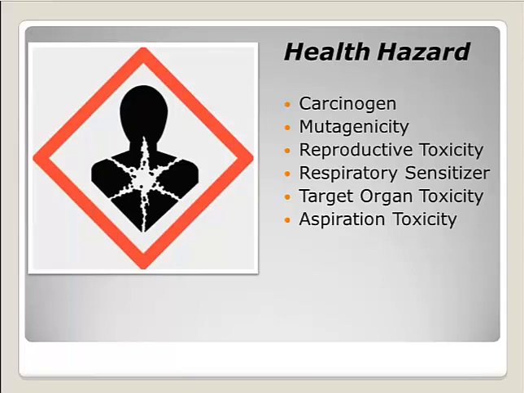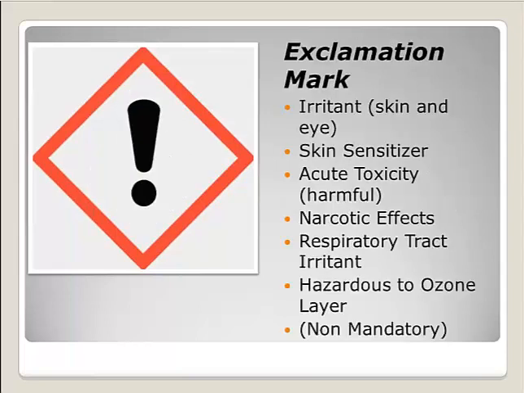For instance, a carcinogen would be noted, an example being an asbestos hazard, which is known to cause cancer. Exclamation mark. Again, those would be specific as well. Talk about irritants or narcotic effects, respiratory tract irritants, and so forth.